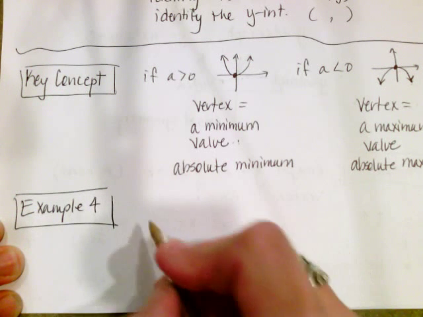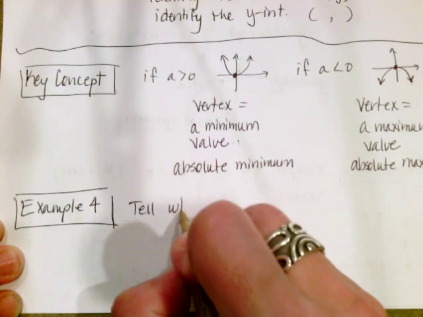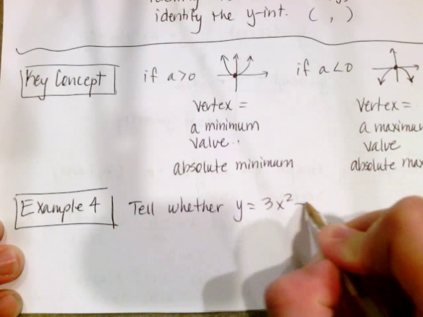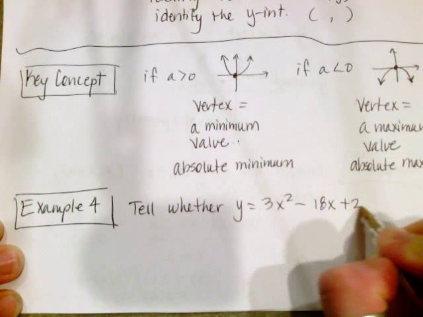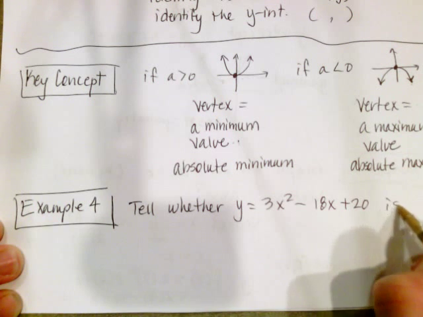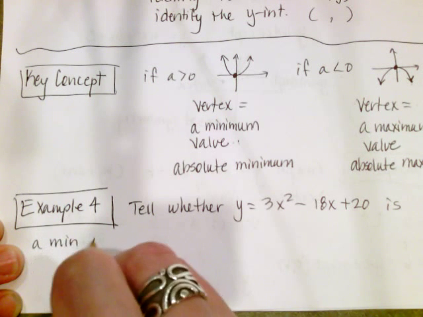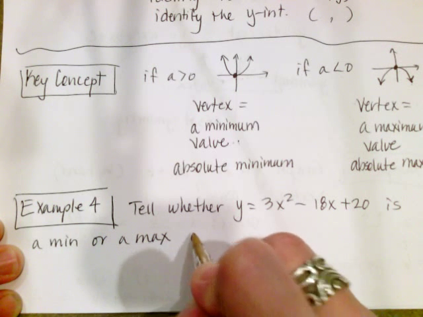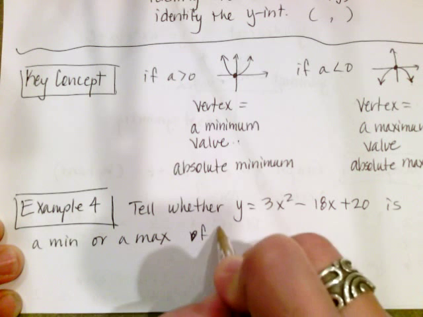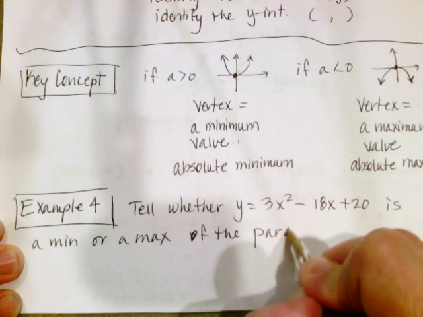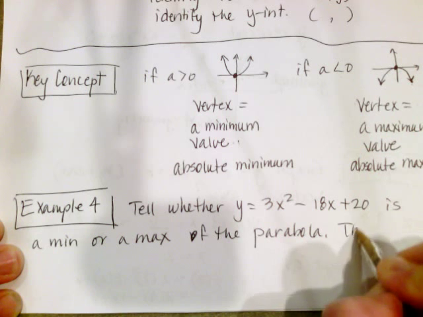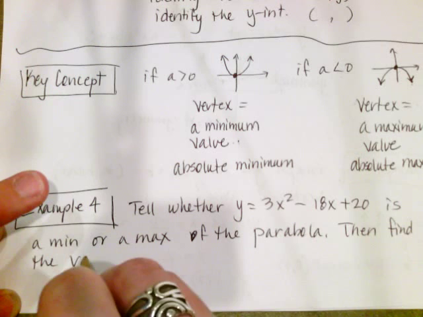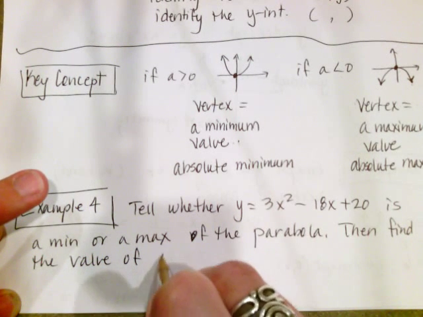As we cruise along, I want you to tell whether y is equal to 3x squared minus 18x plus 20 is a minimum or a maximum of the parabola. And then I want you to find the value of the max or min.